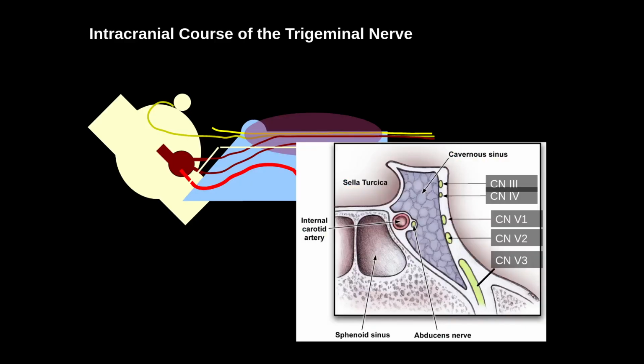Right, so here within the cavernous sinus, we already know that the V1 and V2 are inside the cavernous sinus. The V3 does not enter the cavernous sinus. So they line up along the lateral wall with the third, the fourth, and the V1, V2.